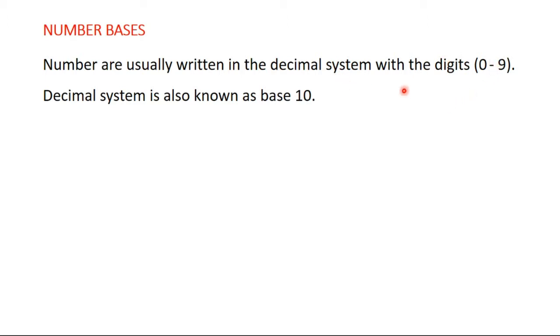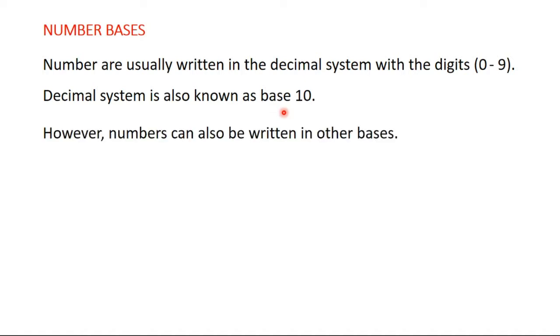So if you check the numbers that you use, you can think of the numbers 2, 3, 4, 23, 25, 45. We use the digits 0 to 9 to write those numbers, and that is called the decimal system. The decimal system is also known as base 10.